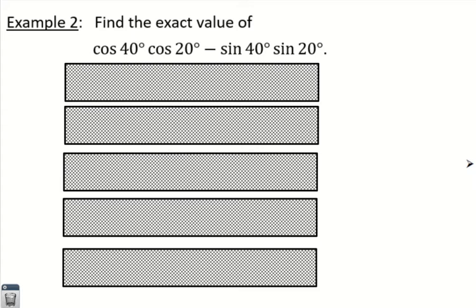Okay, example 2. Find the exact value of the cosine of 40, cosine of 20, minus sine 40, sine 20. This is actually similar but different. That tells you a lot. This is similar but different to example 1.